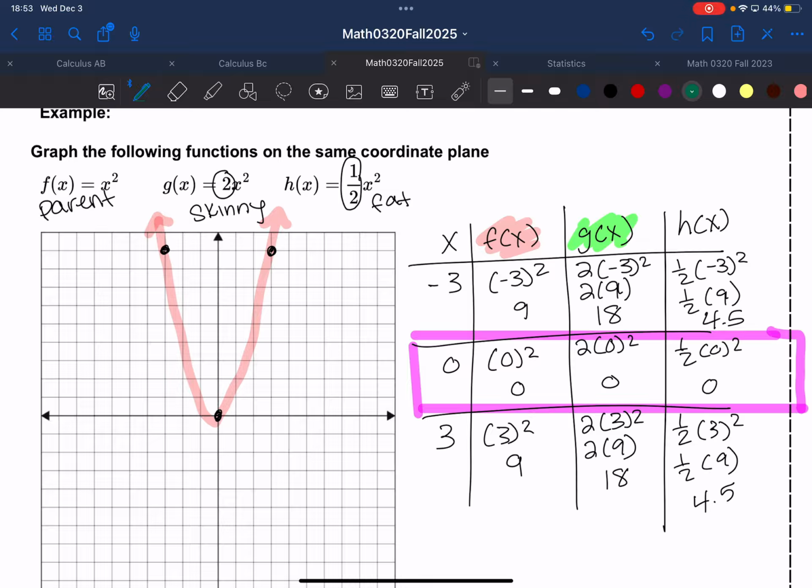Well, maybe I shouldn't have done 9 all the way up there. I'll go by 5s. Why not 3s? We can go by whatever number we want, right?